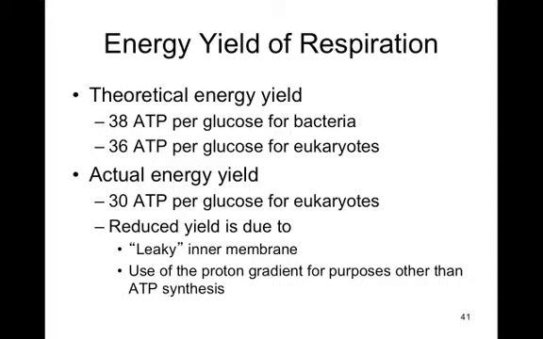That is, not every single hydrogen ion goes through the ATP synthase. There's such a strong gradient that some of it sneaks in between those phospholipids. In addition, the proton gradient could be used for purposes other than ATP synthesis, like co-transport of another molecule that needs to move up its gradient while hydrogen ions are moving down the gradient.